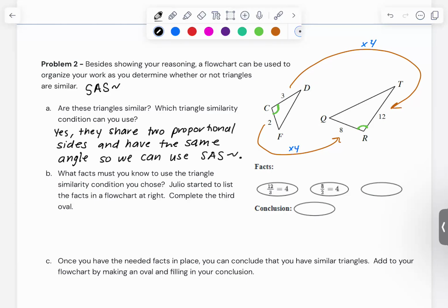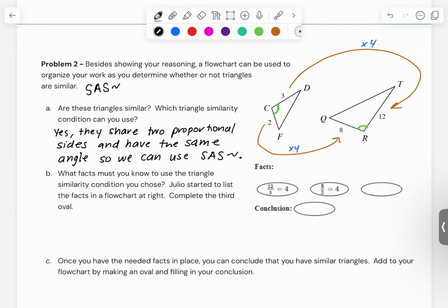Okay. What facts must you choose to use the triangle similarity condition you chose? So you started to list out the facts in a flow chart at the right, complete the third oval.